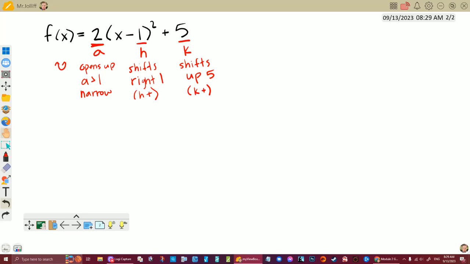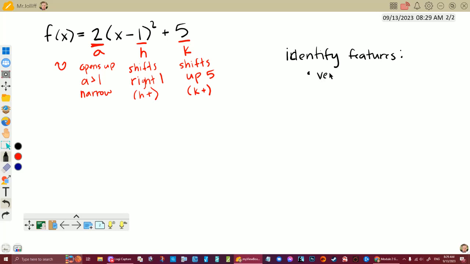The other thing you're going to be asked to do today is identify key features of the graph and graph from an equation. And those are the two things that we just practiced in our warm-up. So for identifying features, there are a few things that we're looking for.